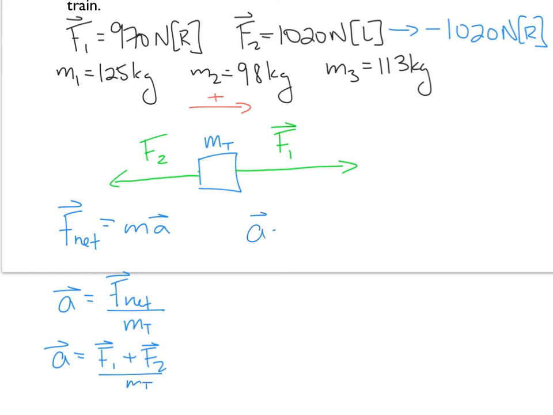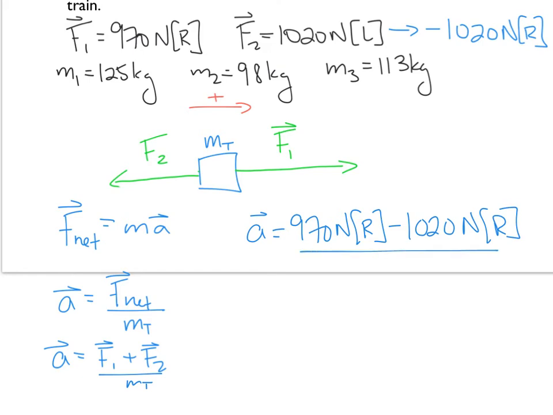So your acceleration is equal to F1 is 917 newtons to the right minus 1,020 newtons to the right. So now they're in the same direction. Over what's your total mass?